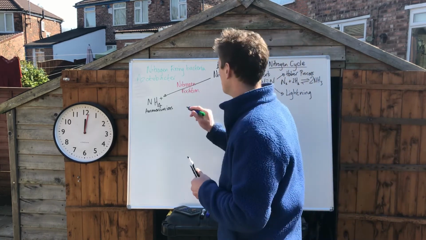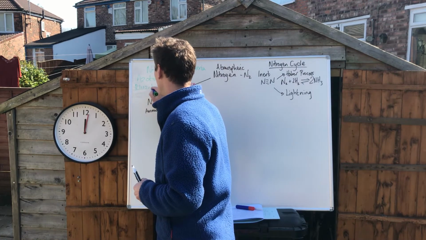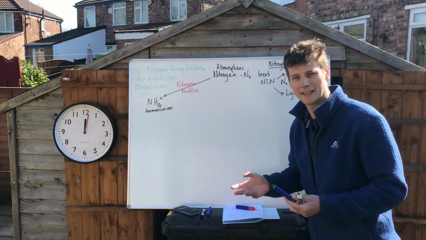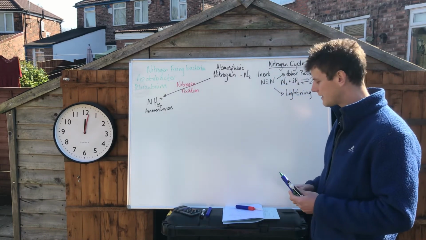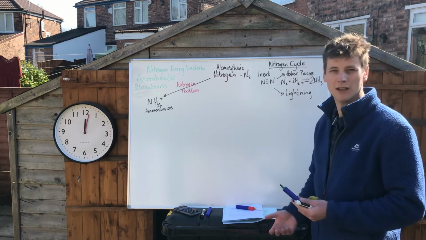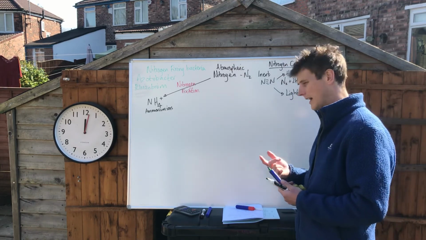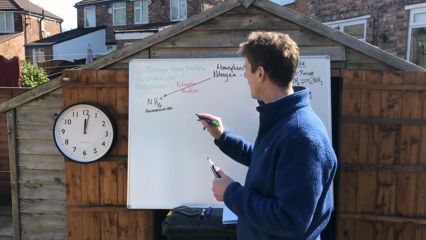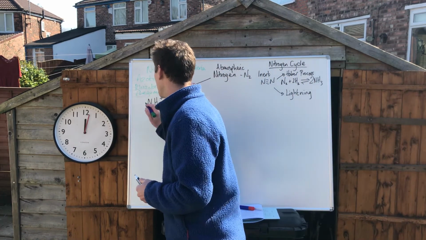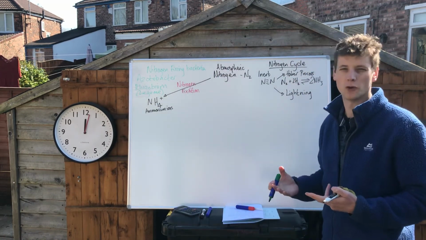The second nitrogen fixing bacteria is called Rhizobium. And these Rhizobium are interesting because they exist in a symbiotic relationship with some plants. So plants such as peas and beans and clover are referred to as legumes. Okay? And the rhizobium exist in root nodules.